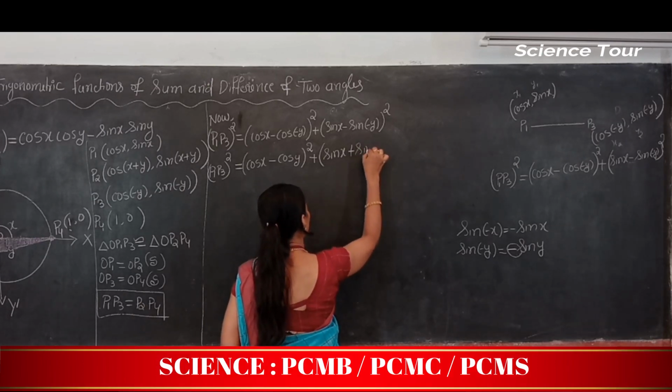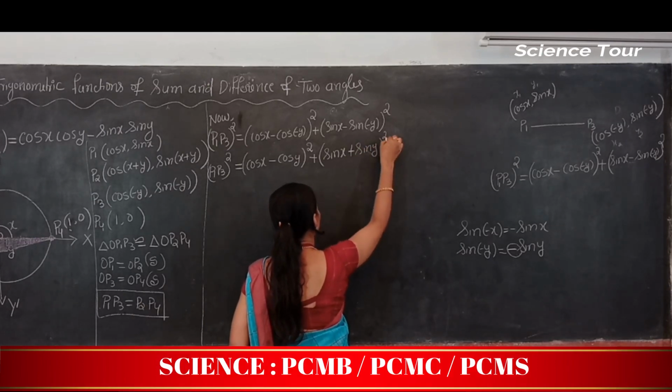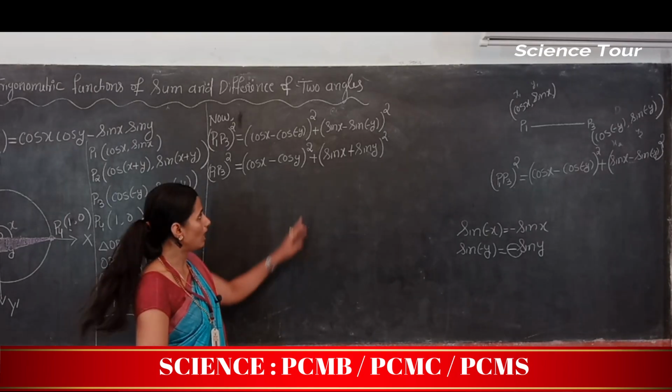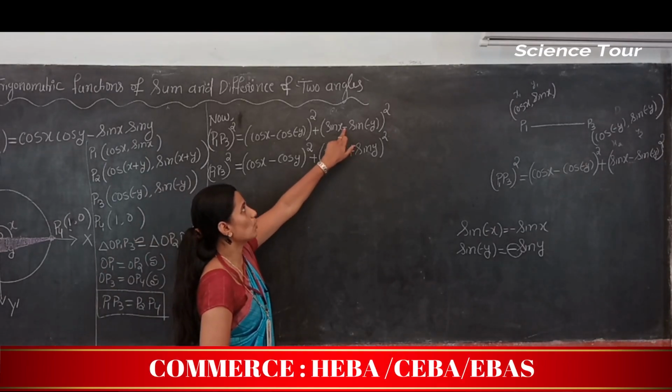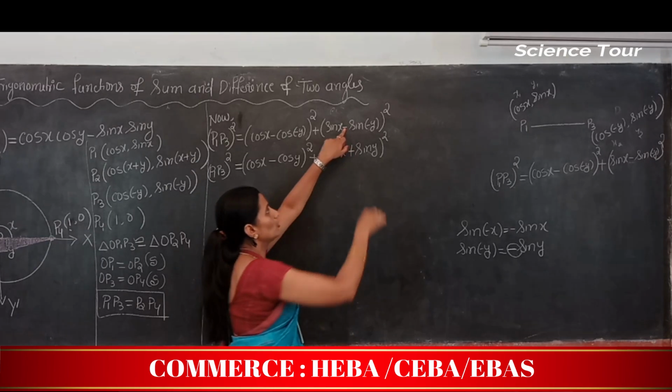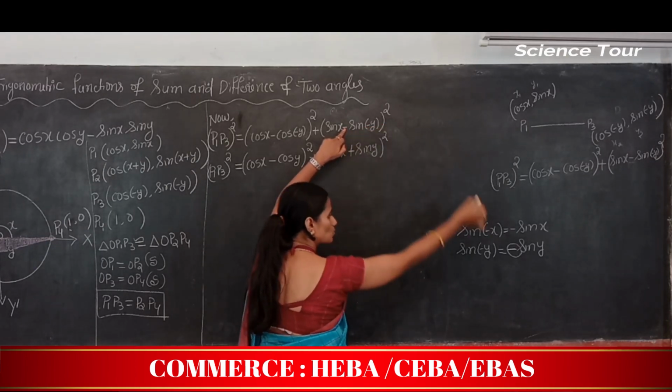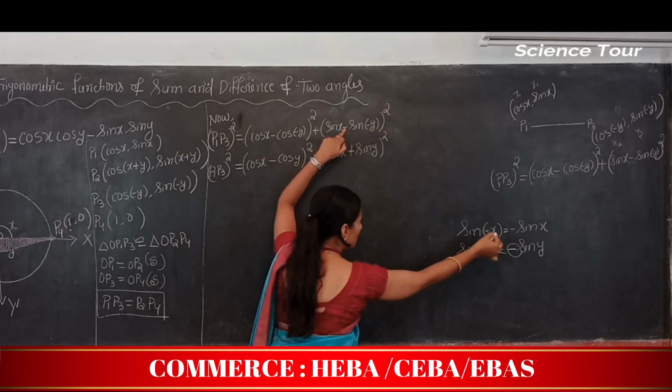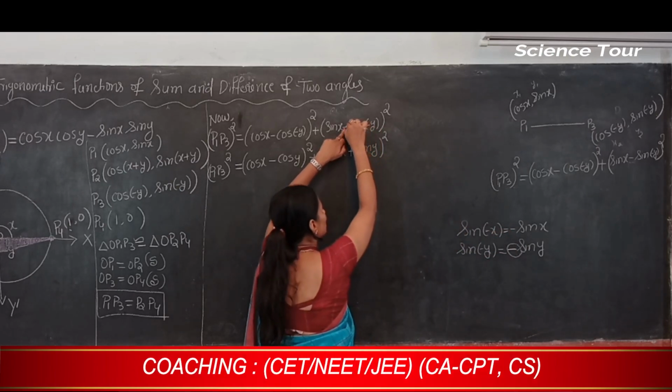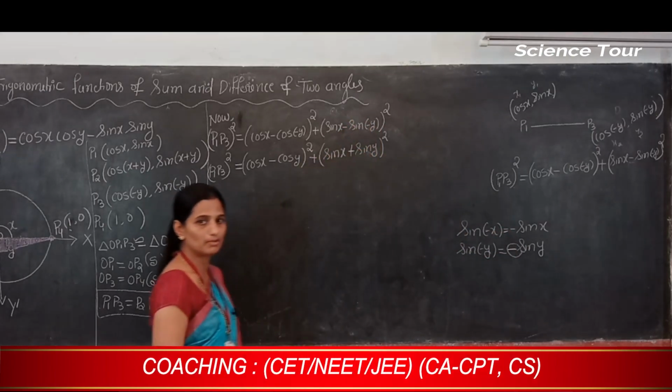So it is plus sin y. Is it clear? This already has one minus, and you know that sin of minus y is minus sin y, so this minus and this minus come as a plus.